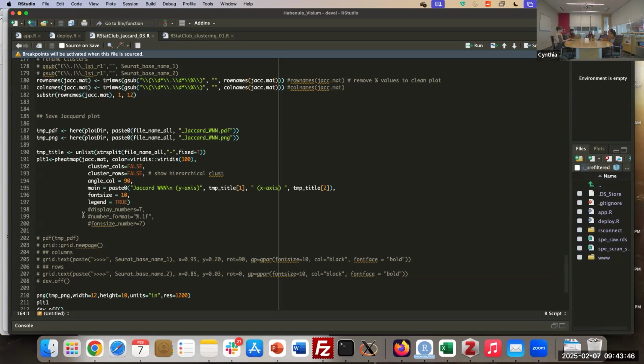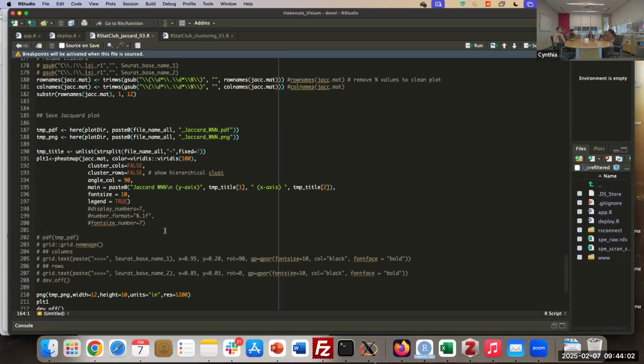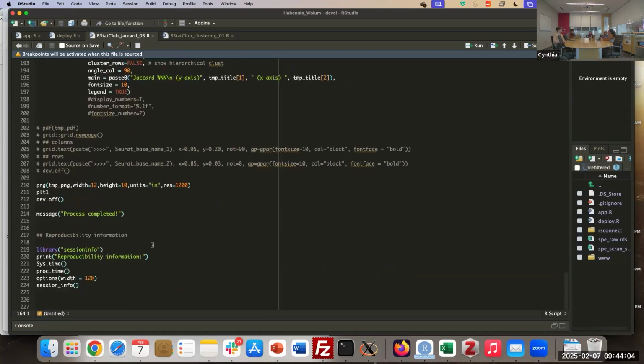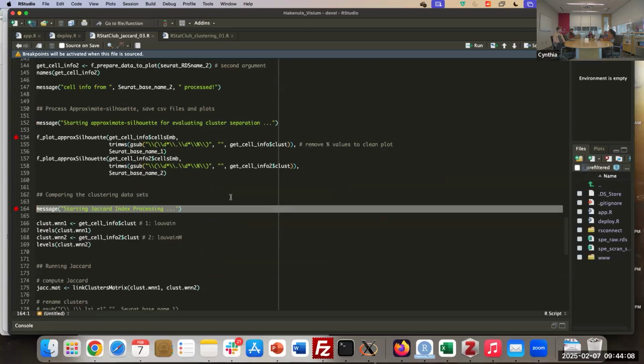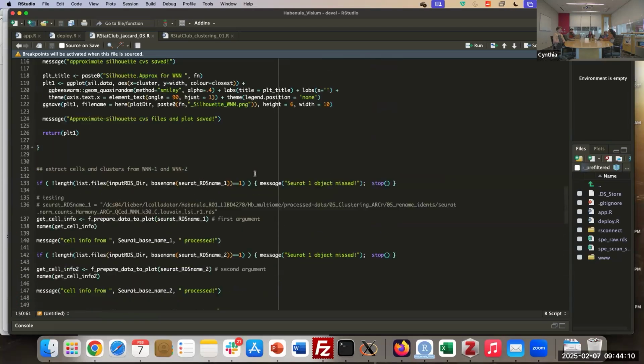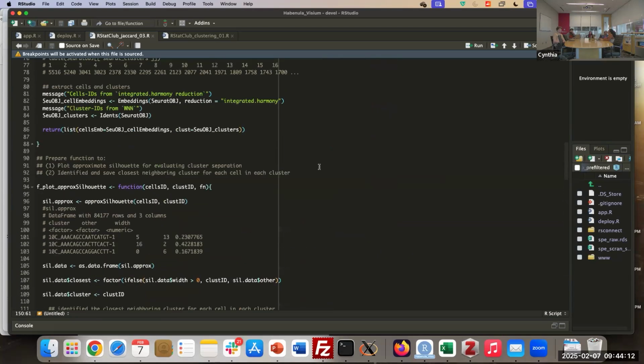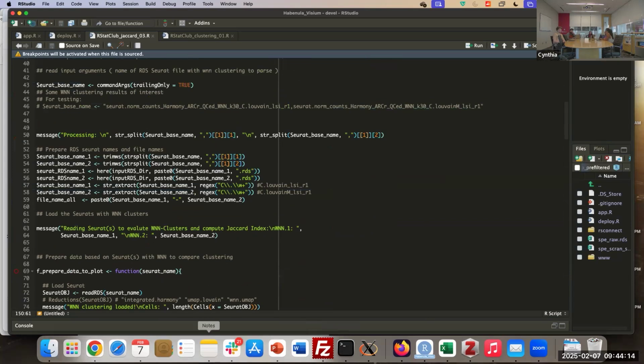And the other parameter that is useful is to display numbers, because you can see exactly the percentage of concordance between the cells. So it's very useful if you have enough space to see this in a heat map. In my case, it's not possible. There are really small numbers. And yes, that's it. This is all we need to work with these two evaluation methods here. Yes, that's all I have.